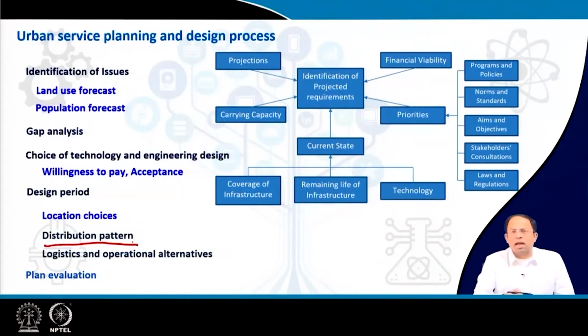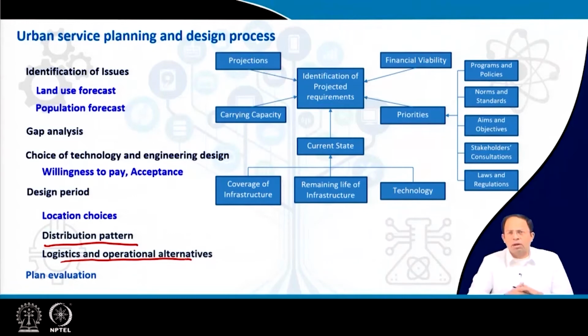Now, once that is done, particularly for service planning, like door-to-door collection, we have to decide on the logistics and the operational alternatives. That means I can do door-to-door collection using wheelbarrows, or using auto rickshaws, or auto rickshaws with a tipper at the back, so that we can collect waste through that. Or it could be a mechanical vehicle, right?